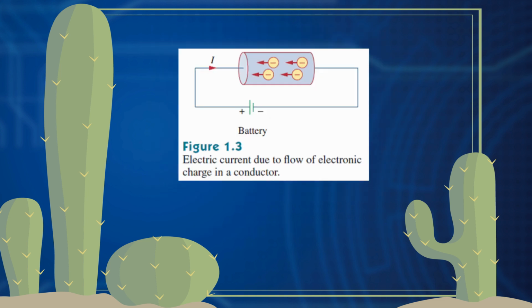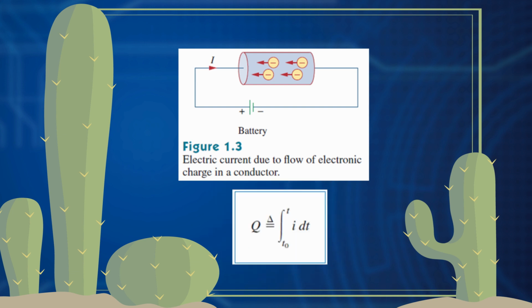In figure 1.3, you can see if an element is connected to a battery through wires, there will be a current in the element, and the charge transferred between time t0 and t can be calculated with this equation: q equals the integral from t0 to t of i dt.